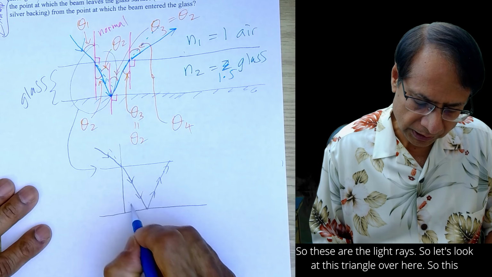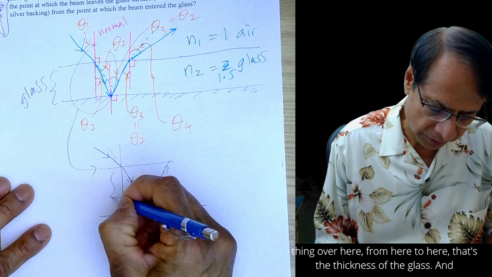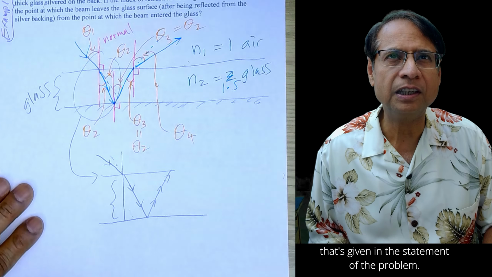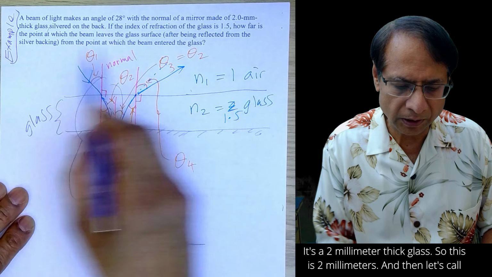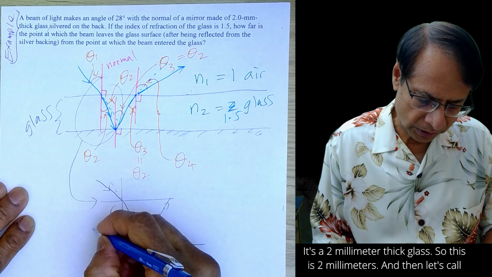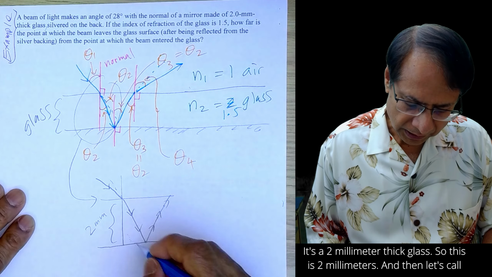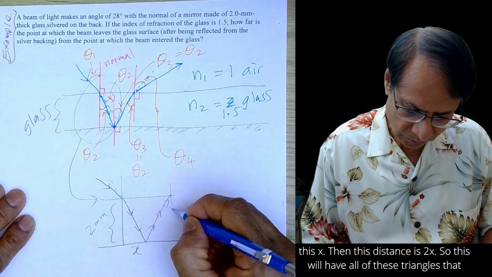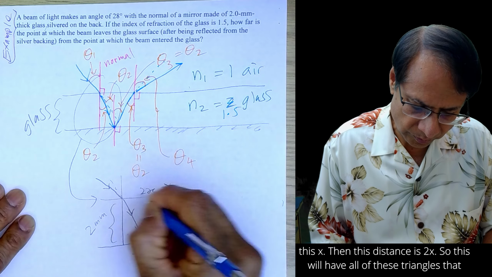So let's look at this triangle over here. From here to here, that's the thickness of the glass, and that's given in the statement of the problem. It's a 2 millimeter thick glass. So this is 2 millimeters. Okay, and then let's call this X. Then this distance is 2x.